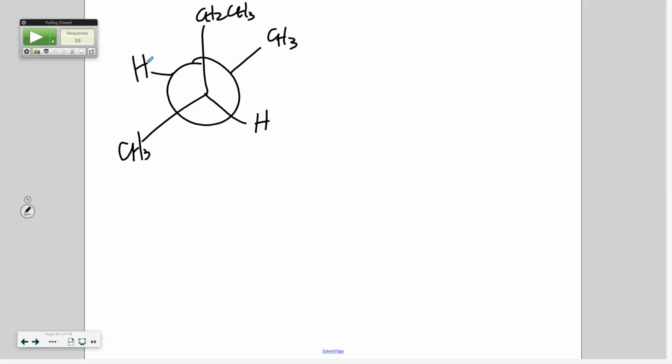Okay. So what you should do is redraw it in a form that you understand, but you have to go between the forms. Okay? So what do we have here?